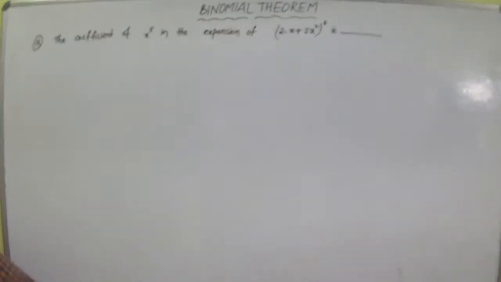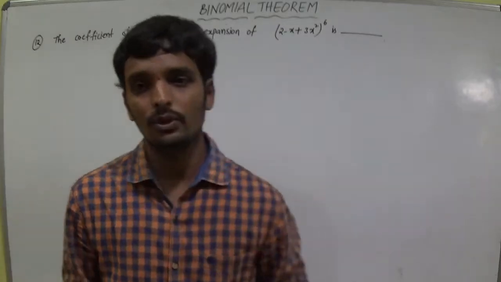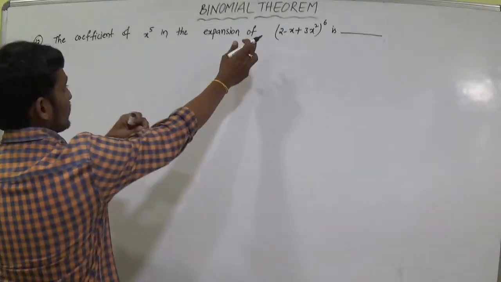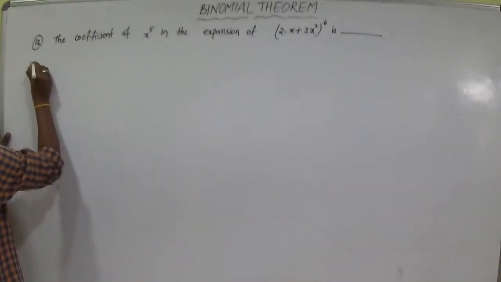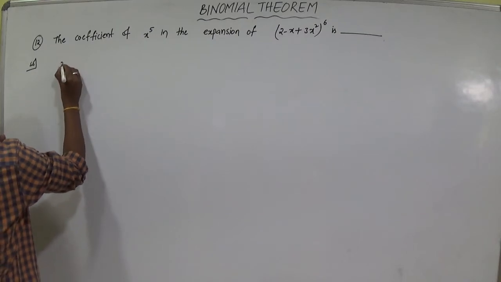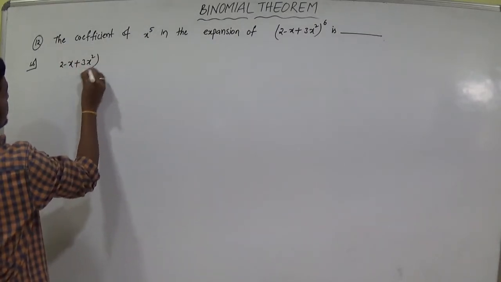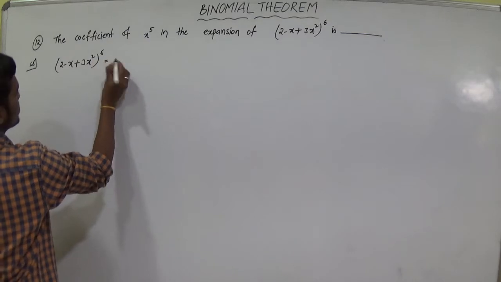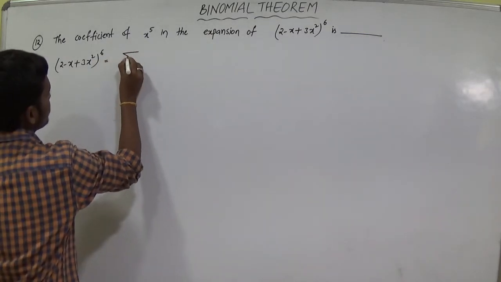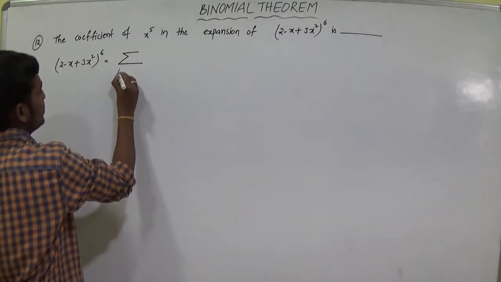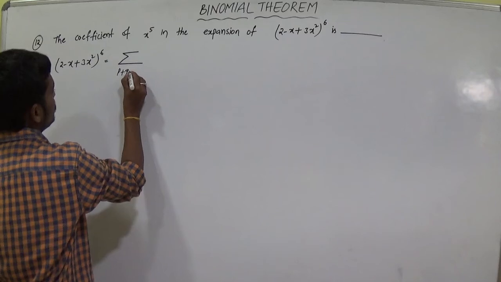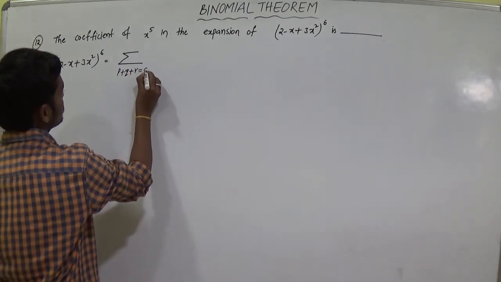We can solve this problem. So how can we solve? Look at it. We can apply the trinomial theorem. Be careful, students. (2 - x + 3x square) whole to the power of 6 is equal to sigma. We have to take three values, p plus q plus r is equal to 6.